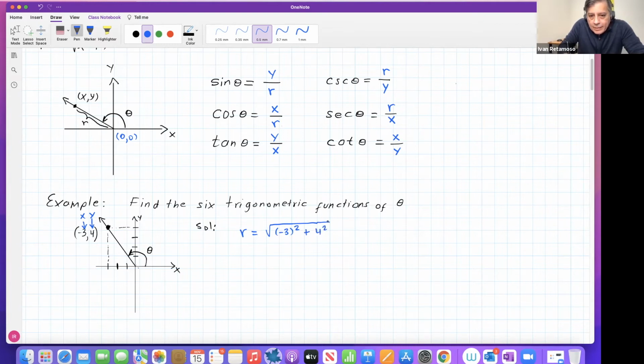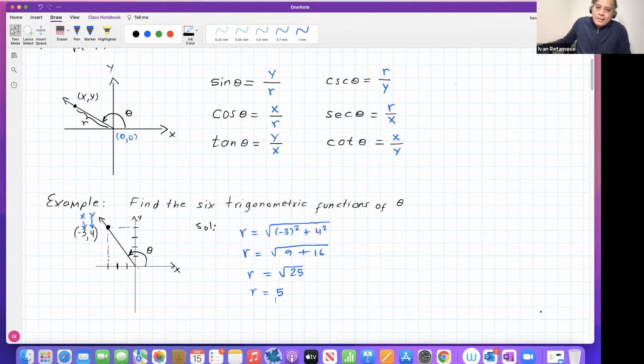We compute this. The square root of (-3) squared, which is 9, plus 4 squared, 16. 9 plus 16 is 25, and the square root of 25 is just 5. So we computed r easily. Very good.